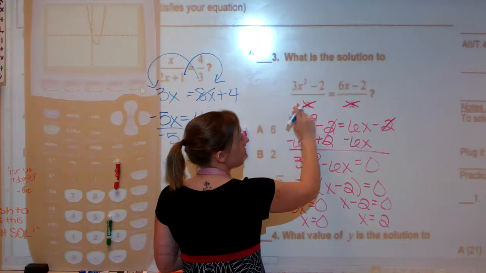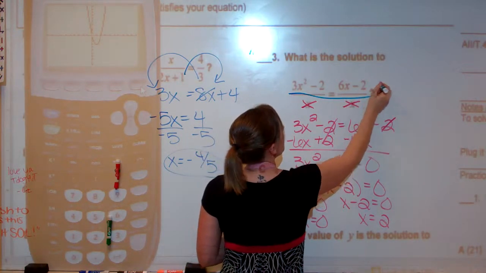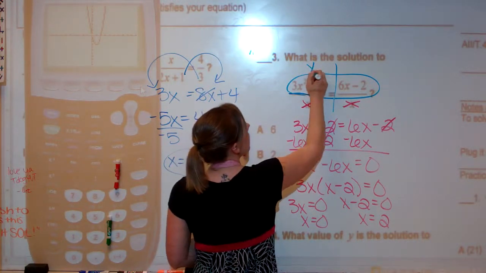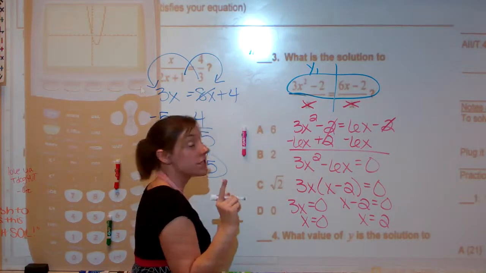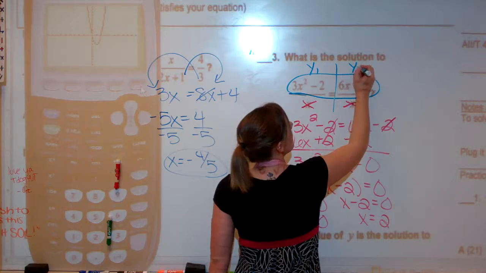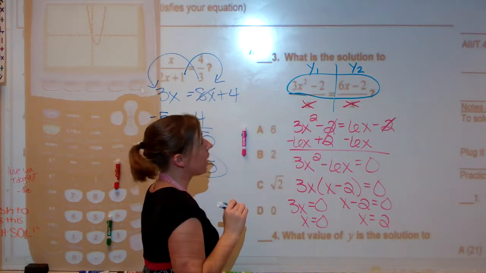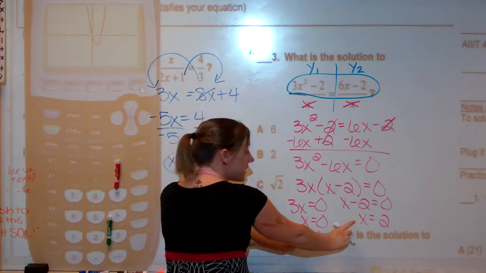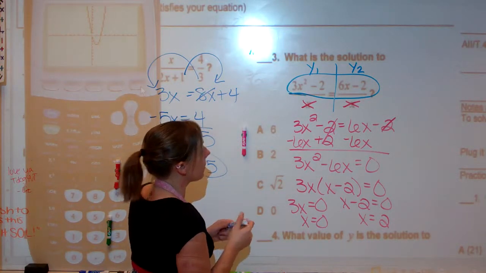I would go ahead and drop the x's. If this equals this, you could cut it in half and make this my first graph and this my second graph. Where they cross, it's a system, is actually the same x's you'll get for these other methods.